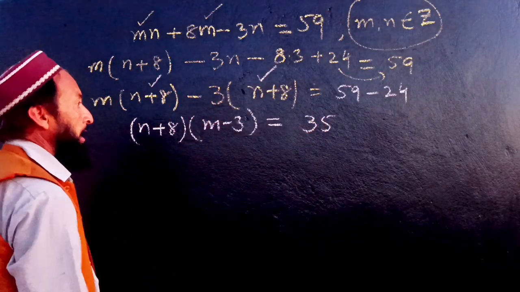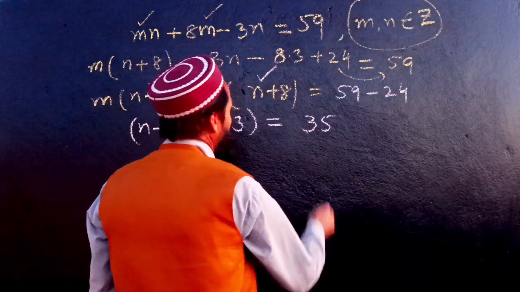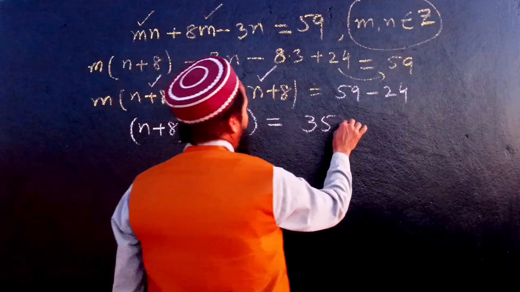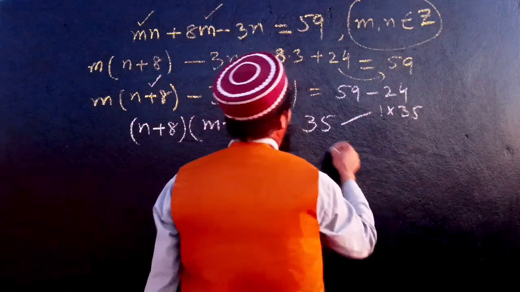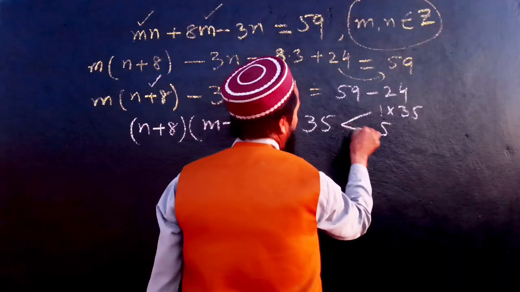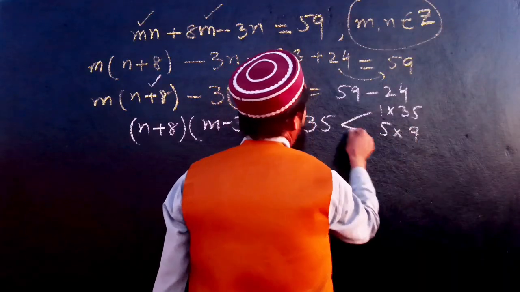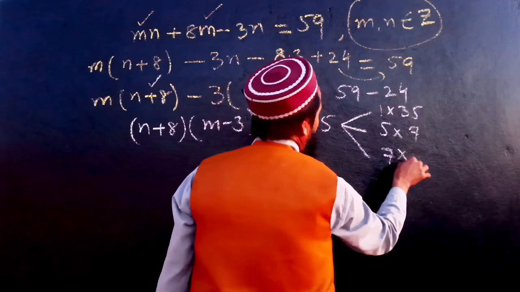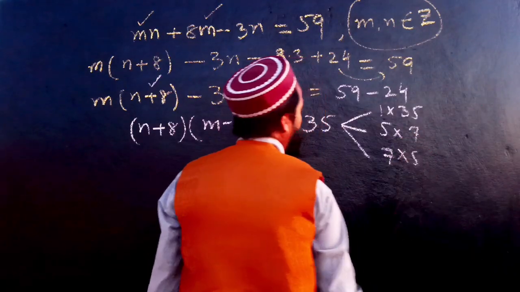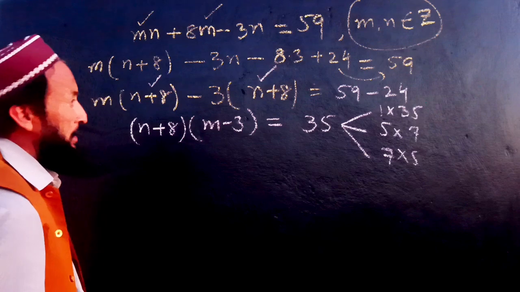Now it means that there are the possibilities of these factors, so we can write 1 multiplied by 35, and 5 multiplied by 7, and similarly 7 multiplied by 5. So these are the possibilities if we think.